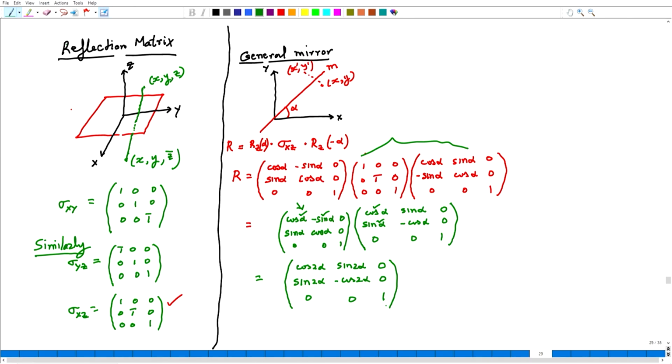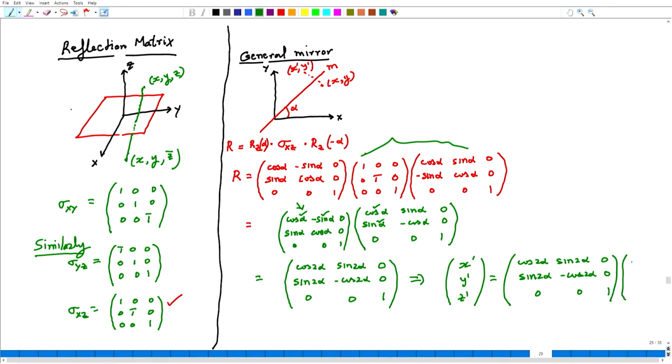This then becomes the reflection matrix, which means I can now get the coordinates x prime, y prime by using this matrix: cos 2 alpha, sin 2 alpha, 0, sin 2 alpha, minus cos 2 alpha, 0, 0, 0, 1, multiplied into the vector x, y, z.